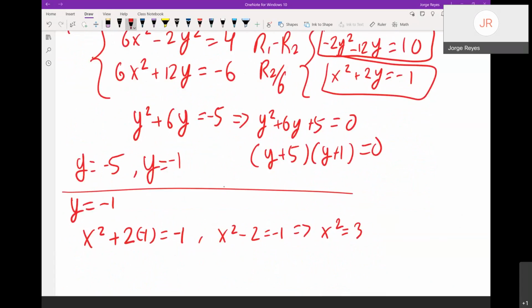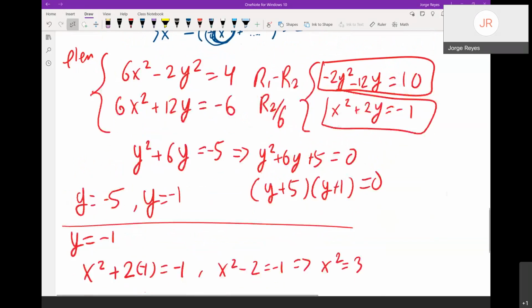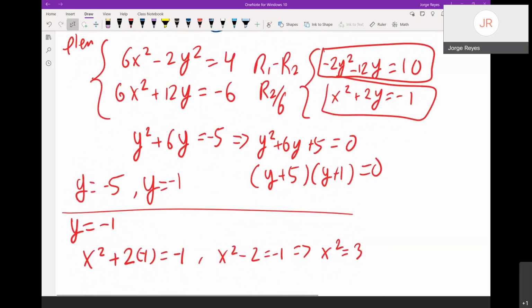All right, so x equals plus or minus square root 3. I'm a bit confused and/or concerned. I am a bit concerned.